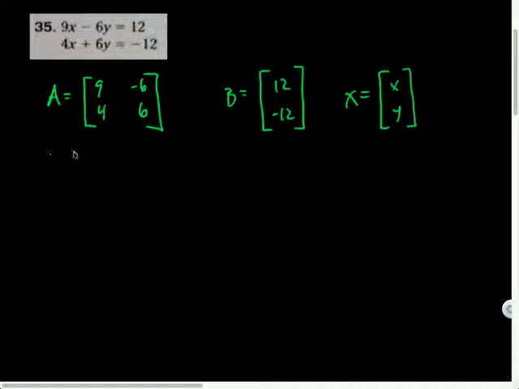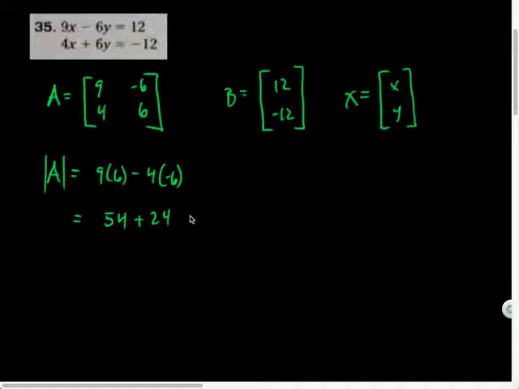So for starters, let's find A inverse. To find A inverse, I'm going to start by finding the determinant of matrix A. That would be 9 times 6 minus 4 times negative 6. So with determinants you subtract. For matrix multiplication, remember that you add your little products. That sometimes is a point of contention. 9 times 6 is 54, plus 4 times 6 is 24.